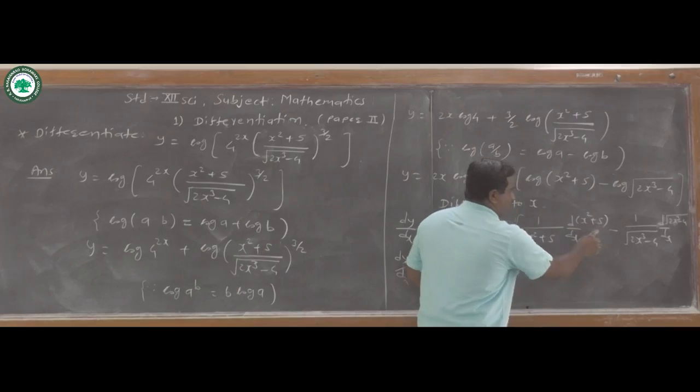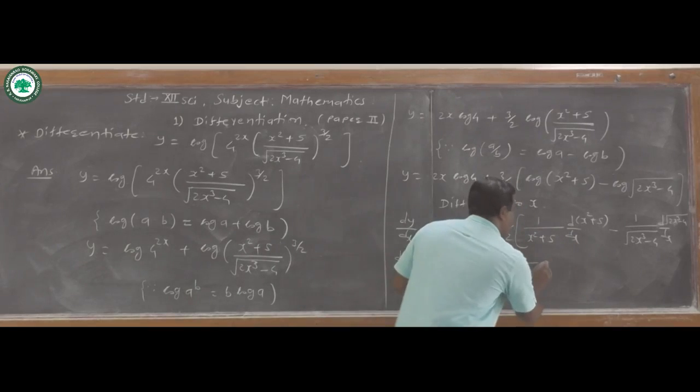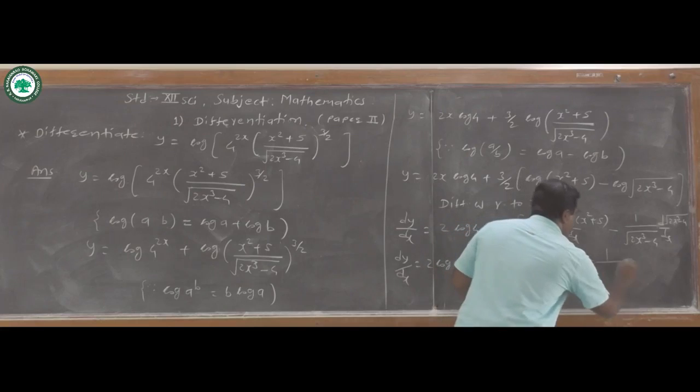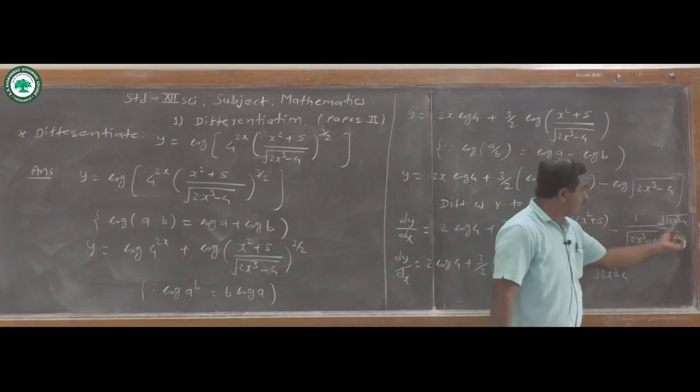And derivative of 5, which is a constant term, is 0. Therefore, derivative of x square plus 5 is 2x plus 0 minus 1 upon under root 2x cube minus 4 into derivative of this term.